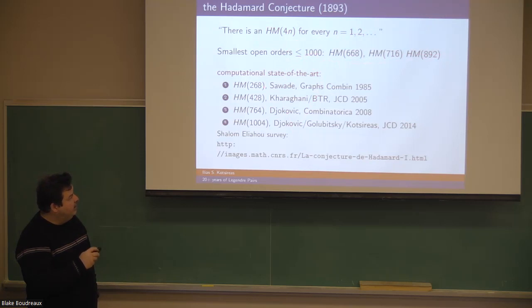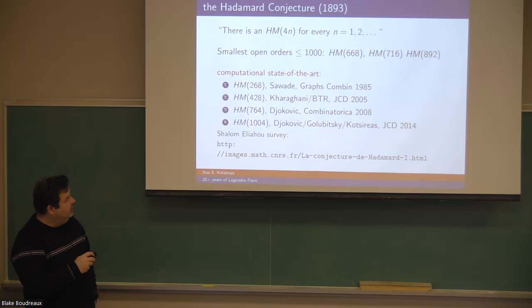And this is some approximate timeline of state-of-the-art work on the Hadamard conjecture. From 1985, it took another 20 years to get from 268, the smallest unknown order, to 428. And then our own contribution was here in 2014.